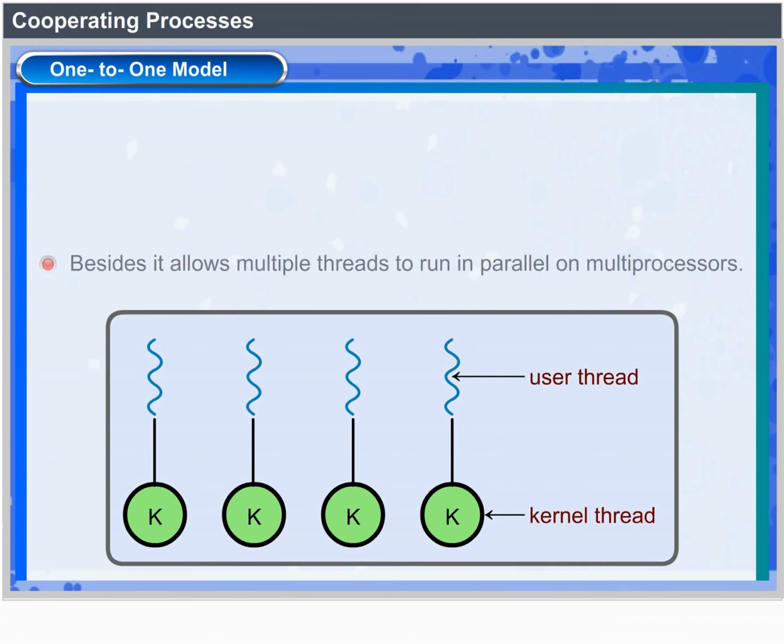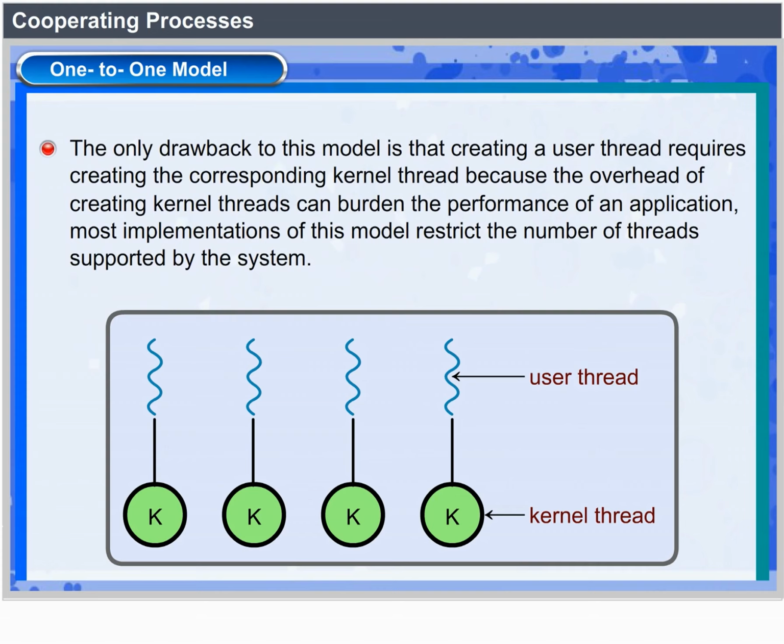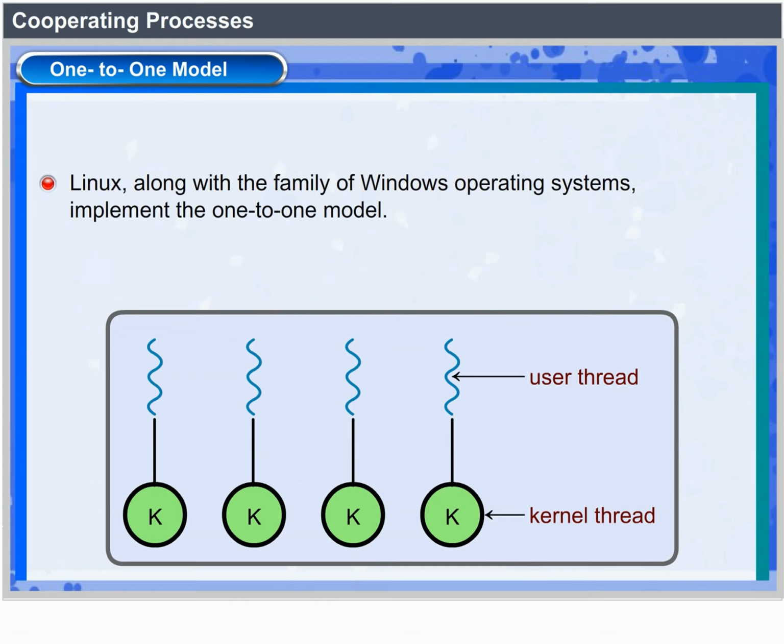The only drawback to this model is that creating a user thread requires creating the corresponding kernel thread, because the overhead of creating kernel threads can burden the performance of an application. Most implementations of this model restrict the number of threads supported by the system. Linux, along with the family of Windows operating systems, implement the one-to-one model.